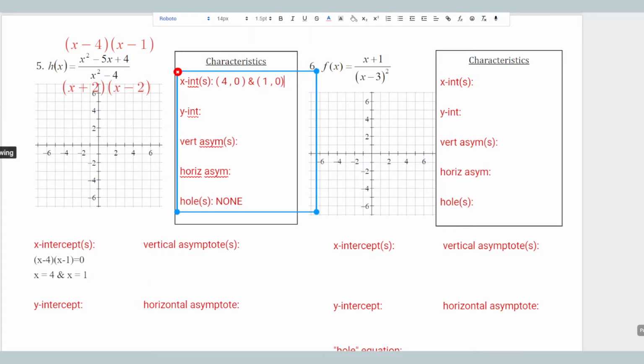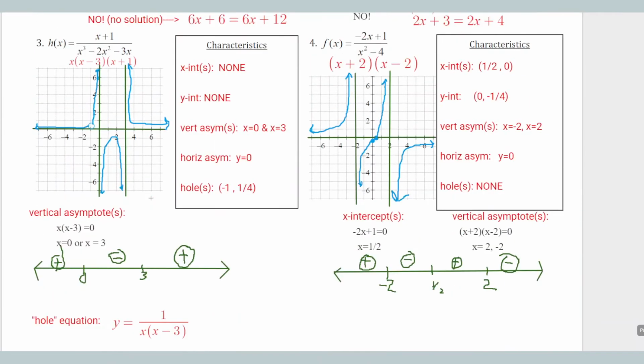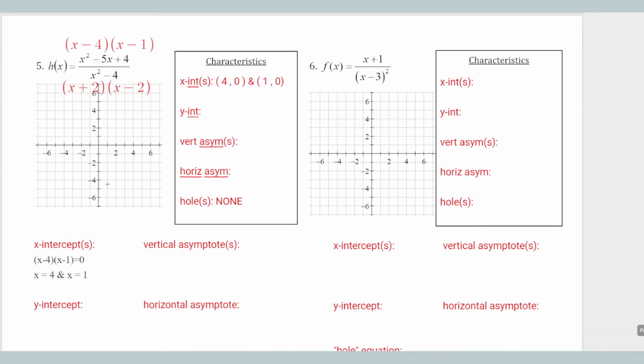I'm going to go ahead and plot those on here. So what was I using? Blue. So let's see here. 4 comma 0 would go right about here. And 1 comma 0 would be here.